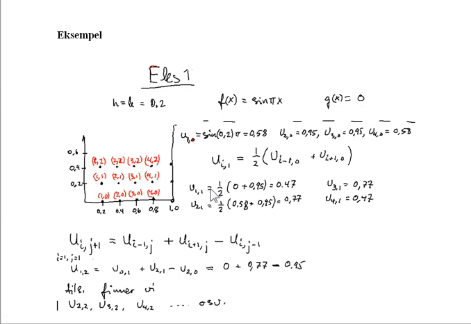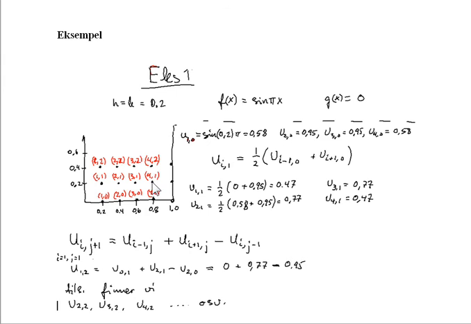Similarly, we find u21 in this point. The value here is the value in this point and this point added together and divided by 2. And u31, this point, is given by the value in this point plus this point divided by 2.